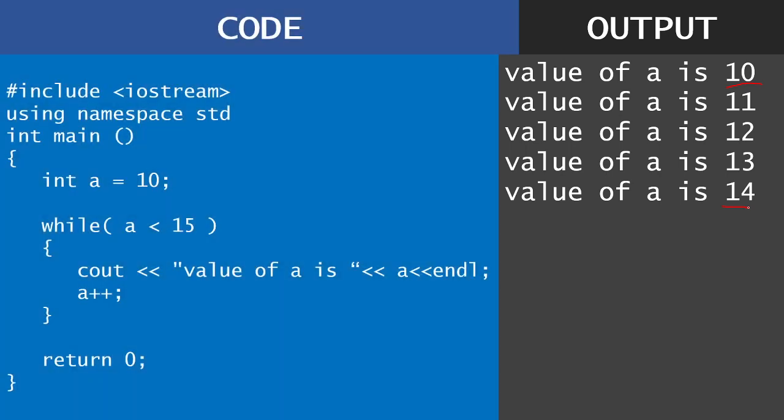Okay, so here's the code. Di ba? The syntax of the while loop is while, condition, and then statements. Okay, kita niyo na. So first is initialization. Now, is 10 less than 15?